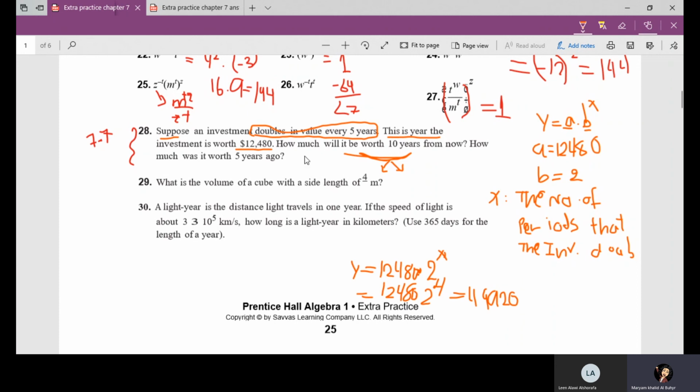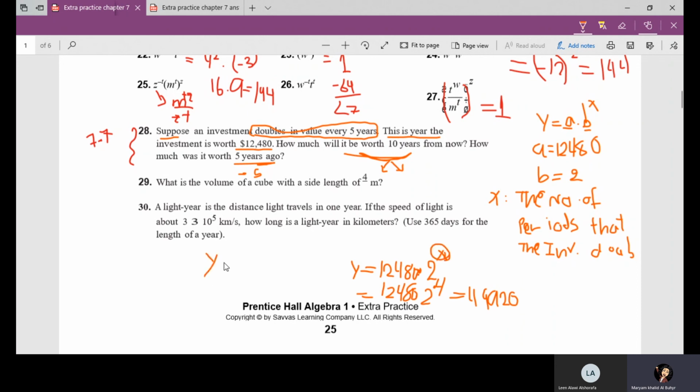So that's how you find it for 10 years from now. What about the worth years ago? That means minus, but not -5, as I said, since it doubles every 5 years. So each one represents 5 years. Now I'm going to substitute -1 here.